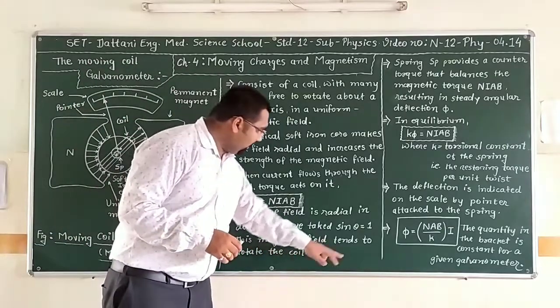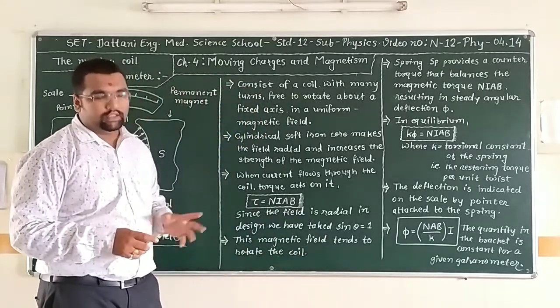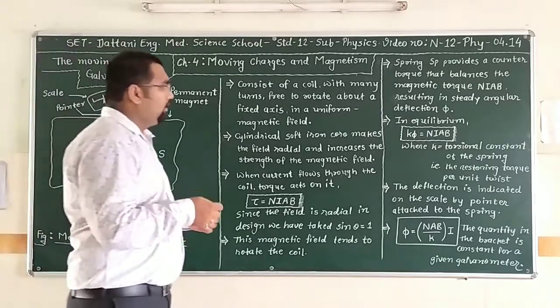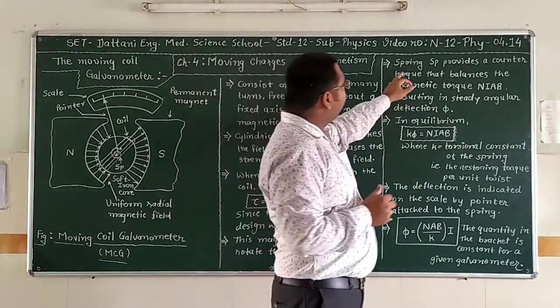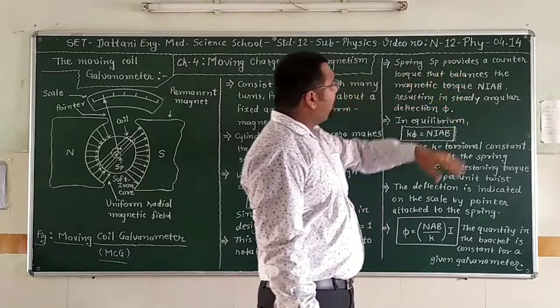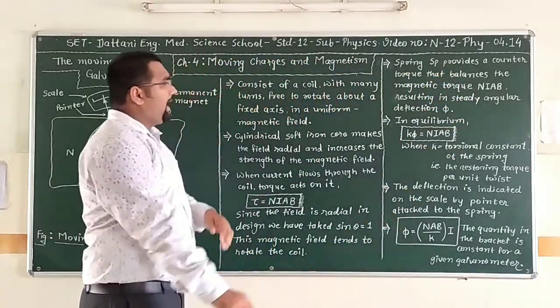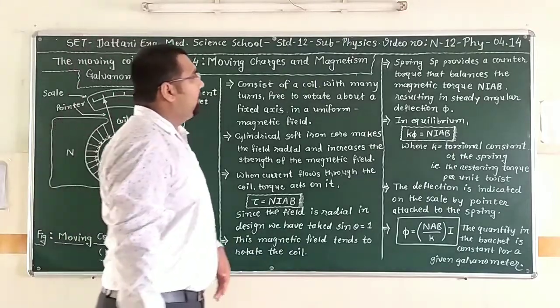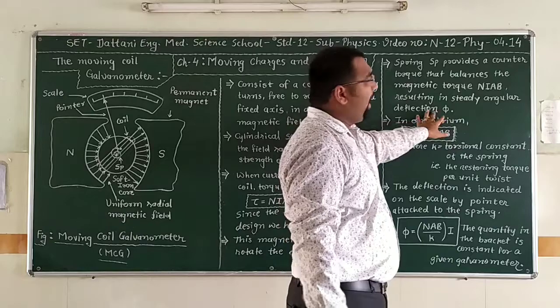This magnetic torque rotates this coil in a circular path. Now the spring provides a counter torque that balances the magnetic torque NIAB, resulting in angular deflection phi.